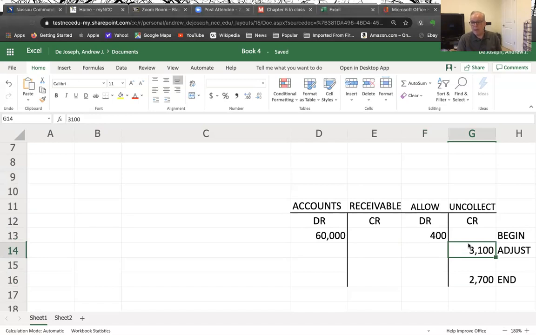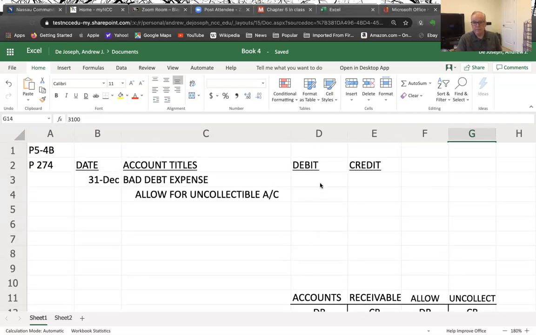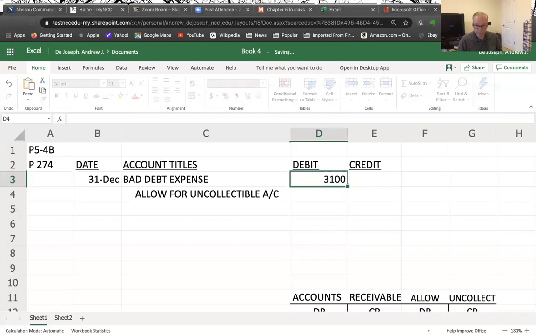If the beginning balance of the allowance is credit, subtract that from the ending balance to get your adjustment. So debit you add, credit you subtract, right? Kind of a cheater's way, but whatever works, right? 3,100, 3,100.